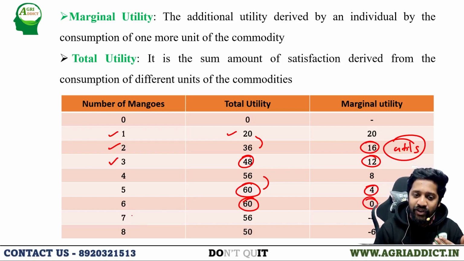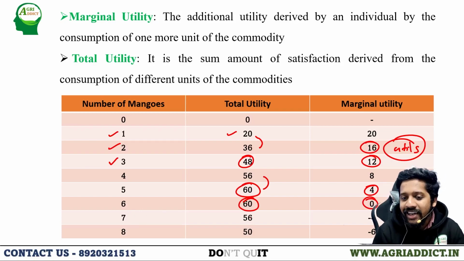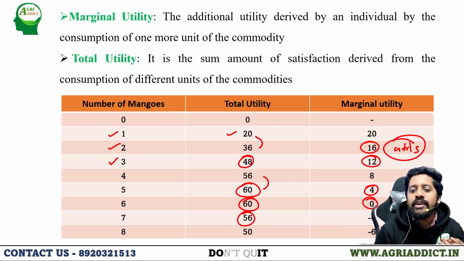So I am going for the 7th unit. What happens here? My total utility declines. From the first mango, the total utility was increasing, and at a point, even if I increased my consumption by 1 unit, my total utility was not changing, and the marginal utility was 0.